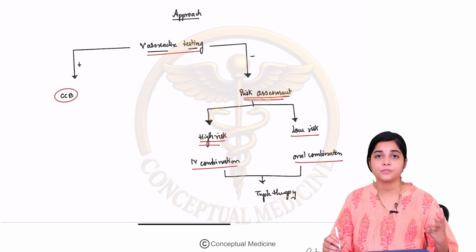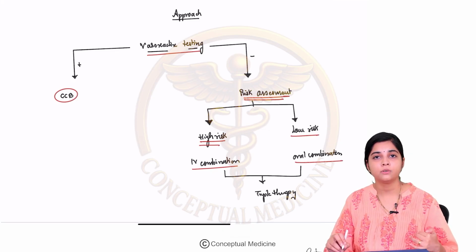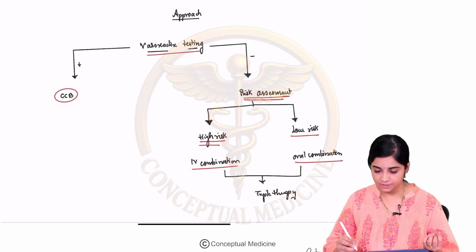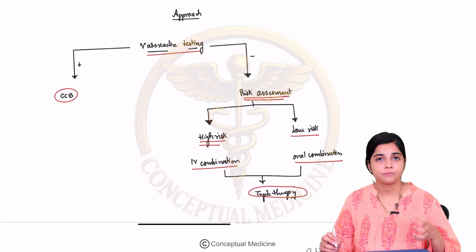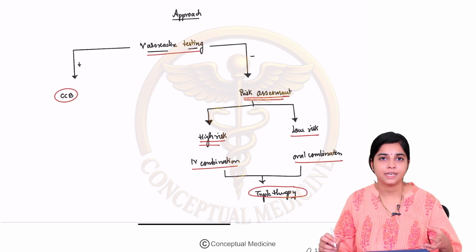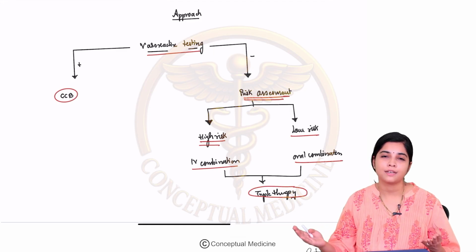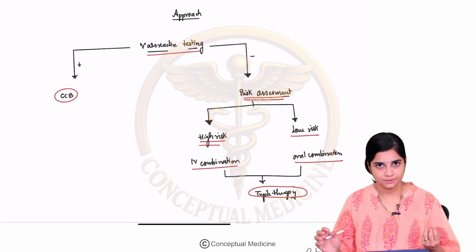If there is no improvement in either group, you also consider a triple therapy. Most commonly we use ambrisentan and tadalafil, which are both available orally. For triple therapy, you take a target from another drug and combine it together.